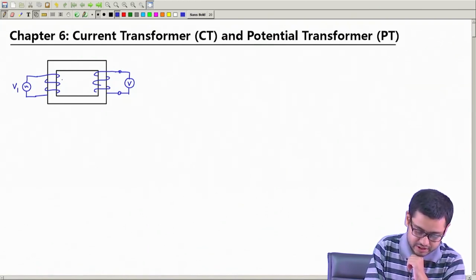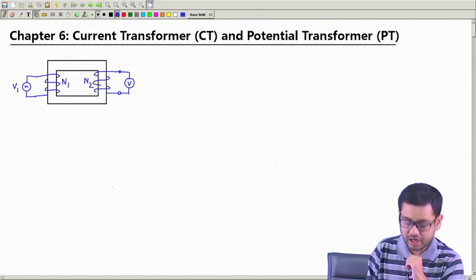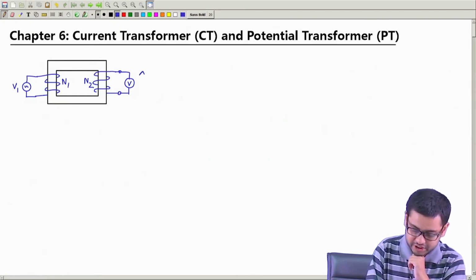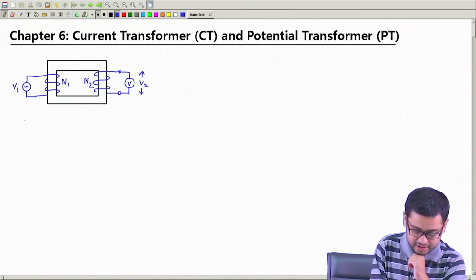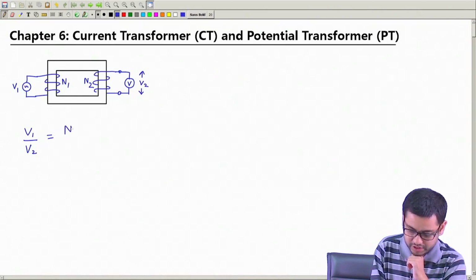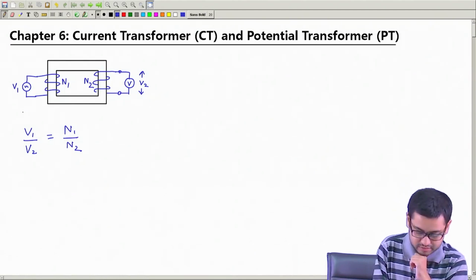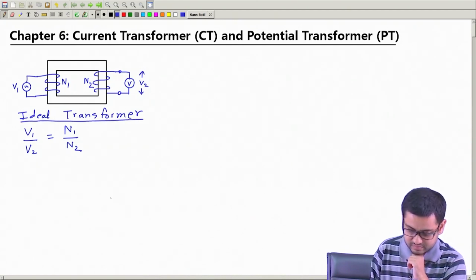We know that if the number of turns for the primary is N1 and the number of turns for the secondary coil is N2, and we call the voltage induced in the secondary V2, then the relationship is V1 by V2 is equal to N1 by N2. This is true for an ideal transformer.